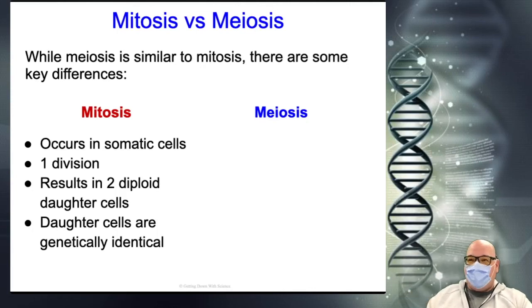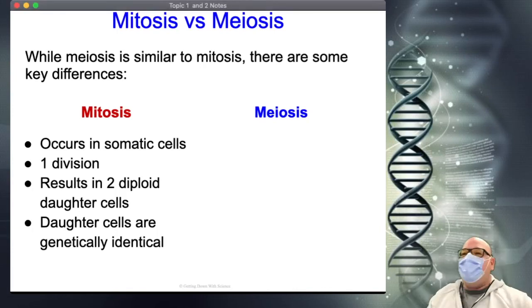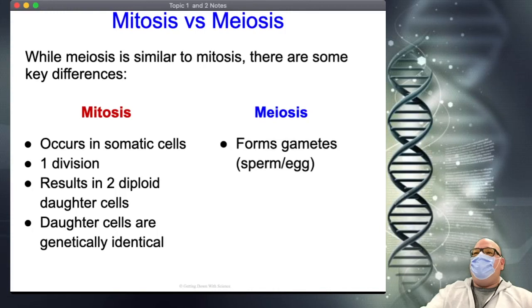I combined 2 words and invented a new word, genetical. Okay, so they are genetically identical. Now, in meiosis, we get gamete cells, not body cells, gamete cells.